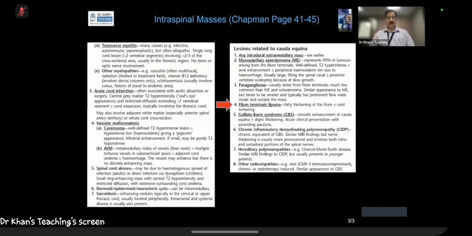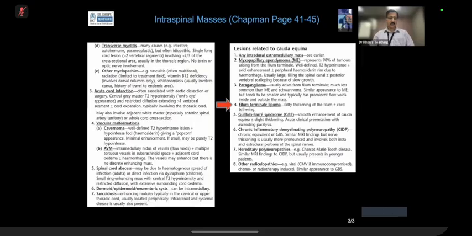If the conus is distally located, then this is what cord tethering is. In cord tethering, it is not plastered to the posterior elements. It is actually pulled downwards. So please remember that. There is a bit of traction and pull on it. The concept is that because of that, there can be a bit of ischemia of the cord at times, and because of that, the patient will be extremely symptomatic.